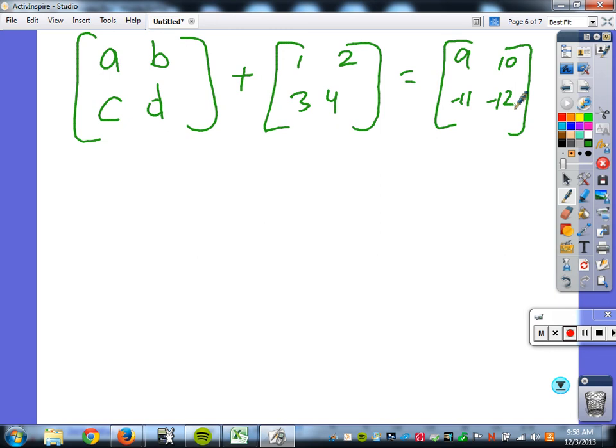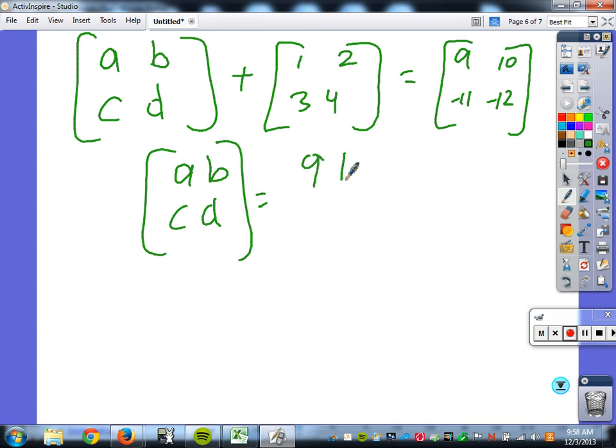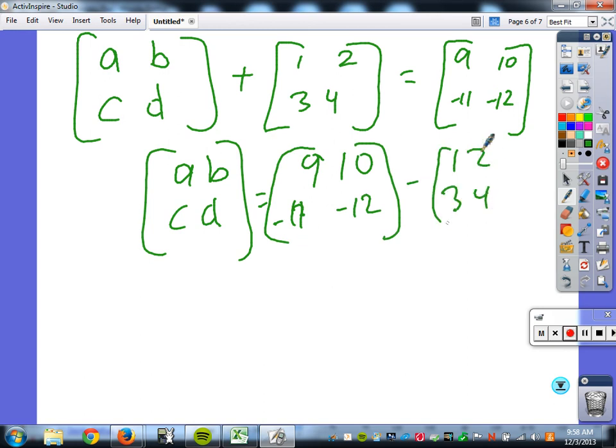Subtract what? There you go. Because isn't it what we're looking for? Isn't this matrix A, B, C, D equal to this matrix 9, 10, negative 11, and negative 12? Subtract 1, 2, 3, 4.